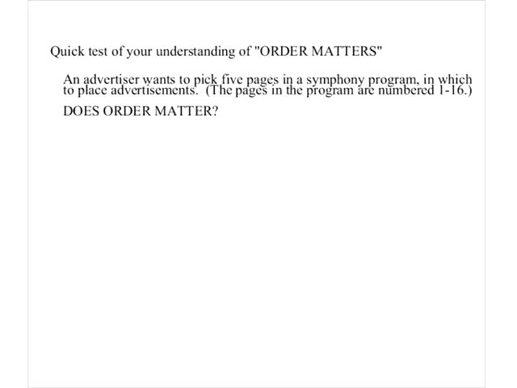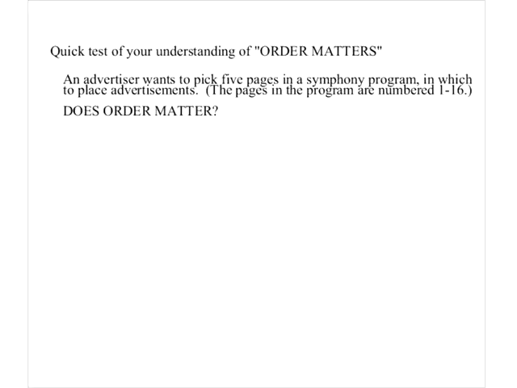Okay, we got a split decision here. We've got some people saying yes, some people saying no. This is why I wanted to use this particular example, because there's an illusion that order matters. It turns out that order does not matter in this problem. And let me tell you why not. The illusion is that it does because the pages are numbered.